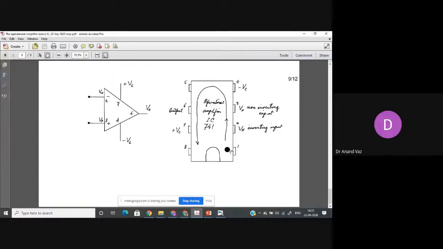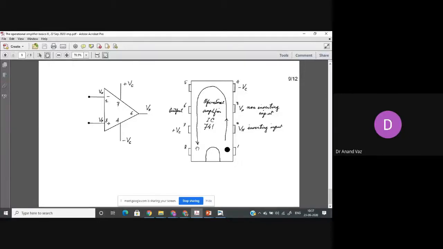We have a dot here, and then you go counterclockwise 1, 2, 3, 4, 5, 6, 7, 8. And we saw the configuration, the leads, the terminals, and also the supplies, which we usually do not show, but how these power connections are to be provided. So that was shown here with respect to the pins.